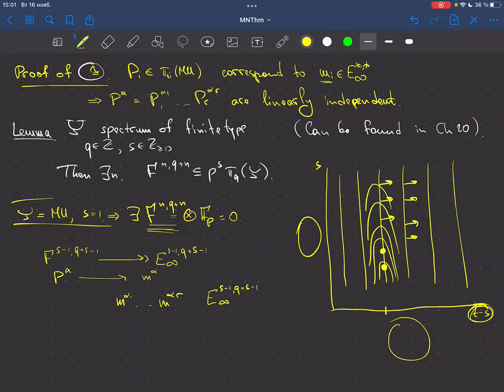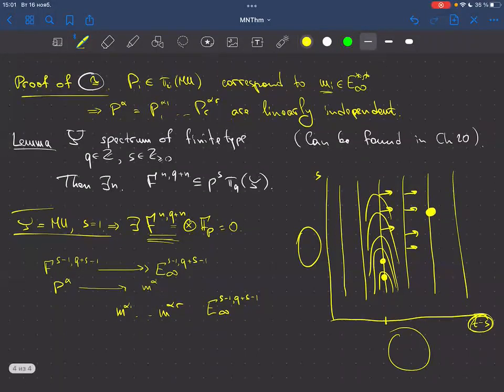So these are all monomials in the given cell of the infinity page. And let P alpha I be the corresponding monomials in P.